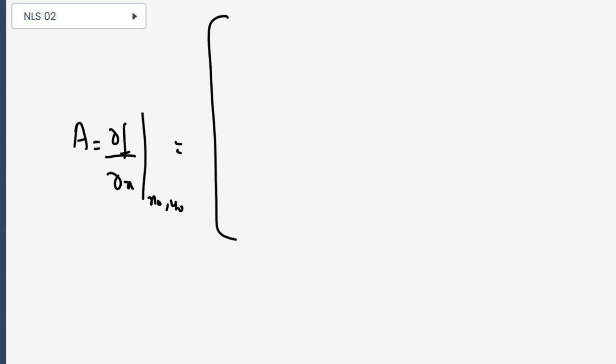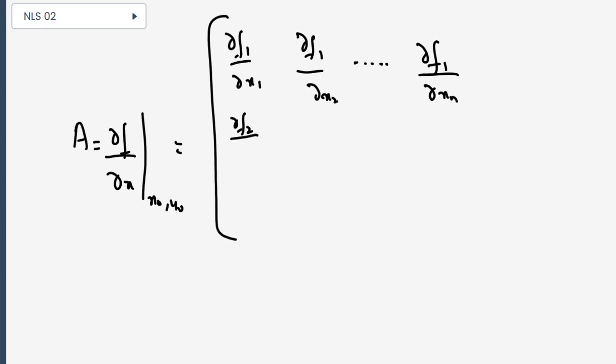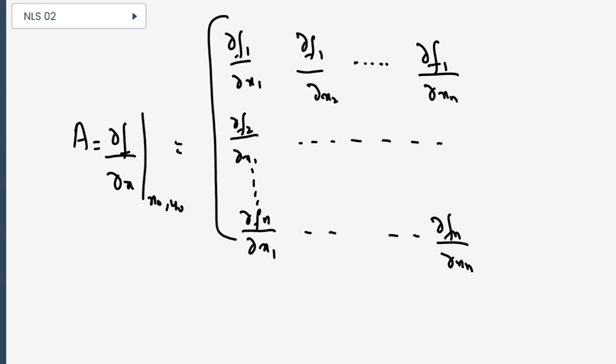If we expand this, A will be equal to delta f1 by delta x1, delta f1 by delta x2, so depending upon the number of states, up to delta f1 by delta xn, then delta f2 by delta x1, and so on up to delta fn by delta xn.